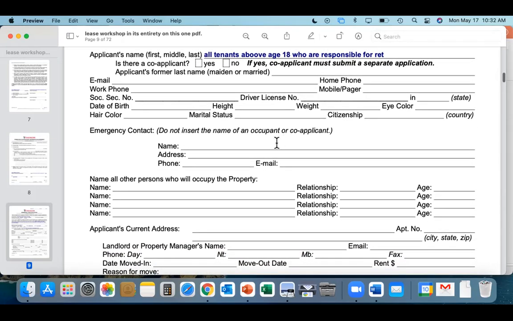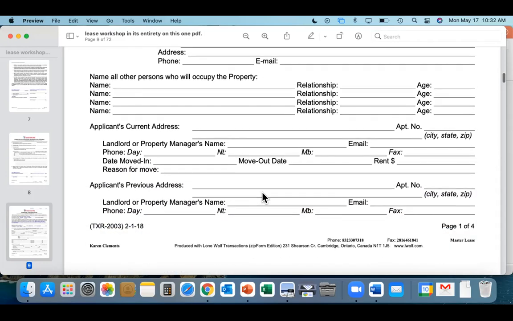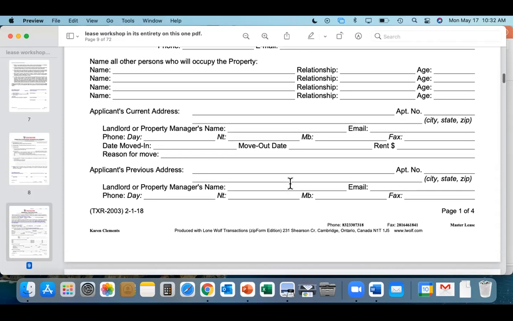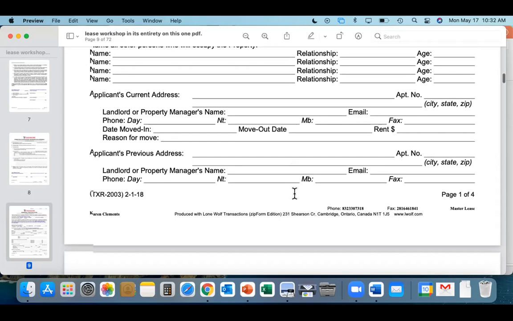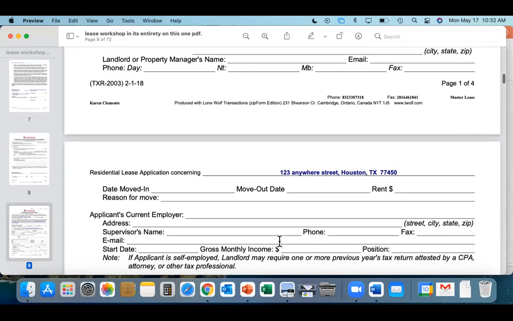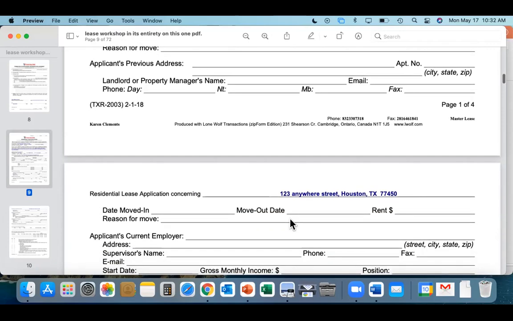But it's also helpful because the landlord will compare this information with what they put in Smart Move as well for any discrepancies or an error or an oopsie, right? So they have to put this information in. It's going to ask for their previous landlord, previous address. Again, what they fill in here will probably be compared to what happens in Smart Move.